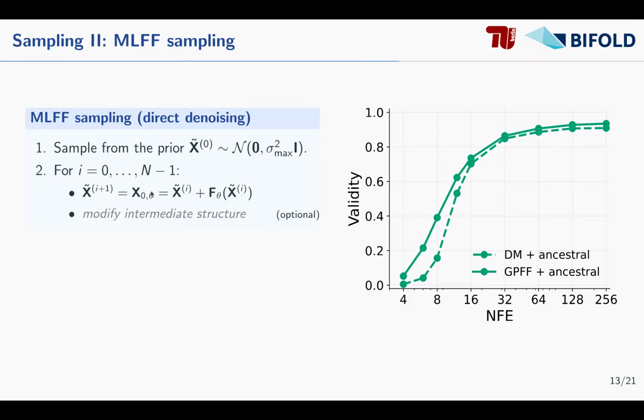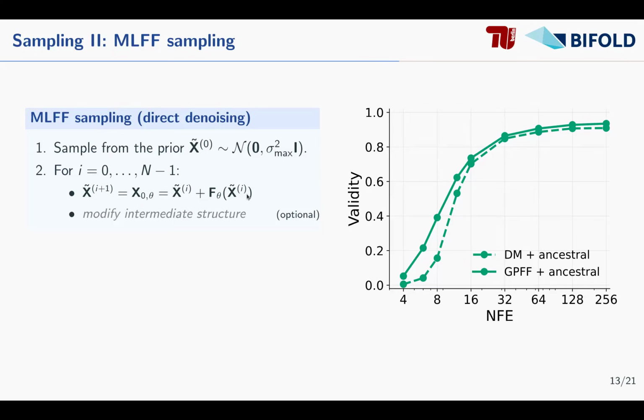So this is the equation I showed on 2 slides ago. And because usually the model is not able to predict the stable geometry in one step, we can just iteratively loop over this and refine the intermediate structure with every step.